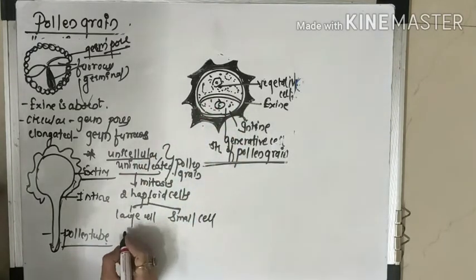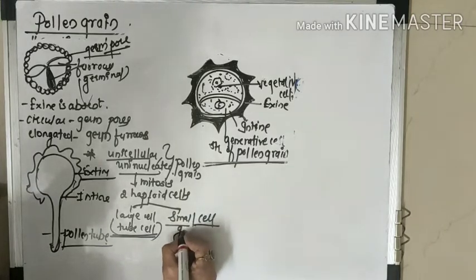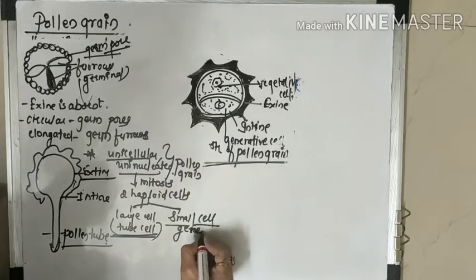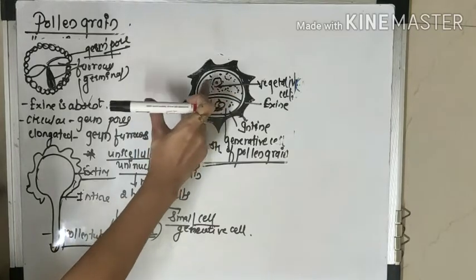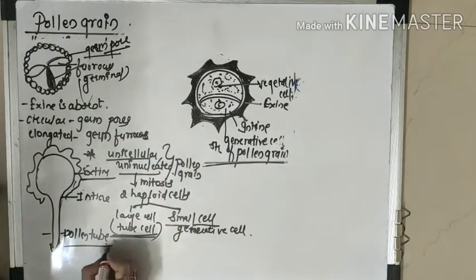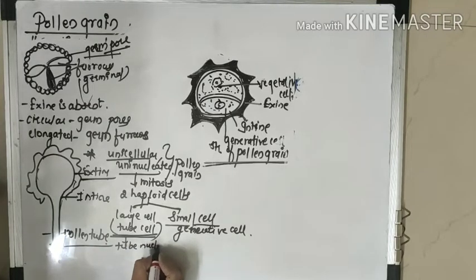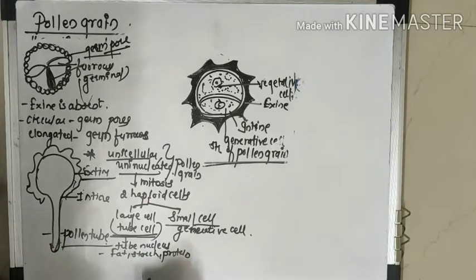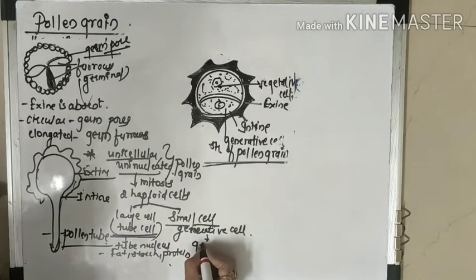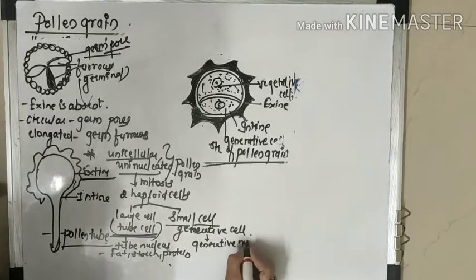The large cell is called the tube cell, also known as the vegetative cell, and the small cell is known as the generative cell. The vegetative cell has the tube nucleus, and fat, starch and protein are present in this vegetative cell. The generative cell has the generative nucleus.